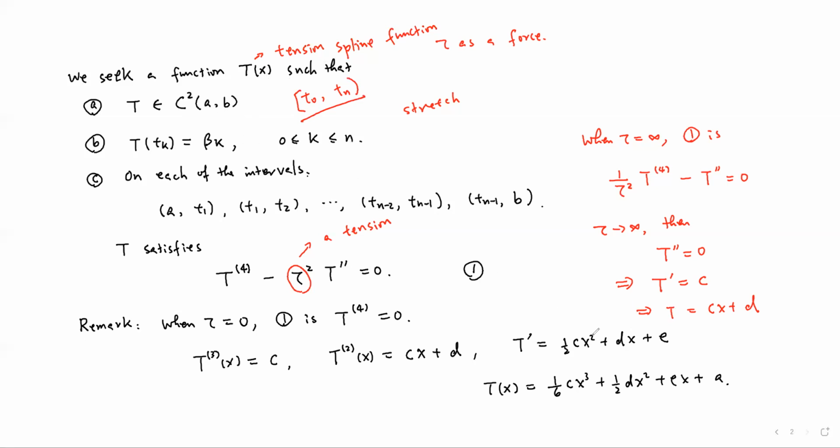Okay. Now, how to solve this problem? Similar to the case of constructing cubic spline, we let T second derivative at the knot, say Tk, be equal to Ck.